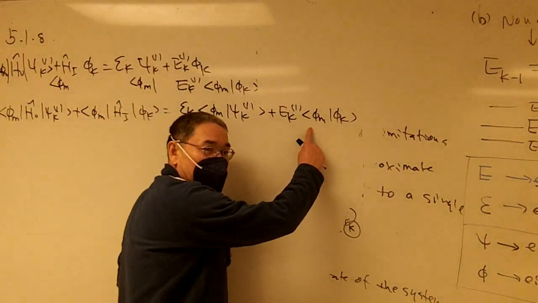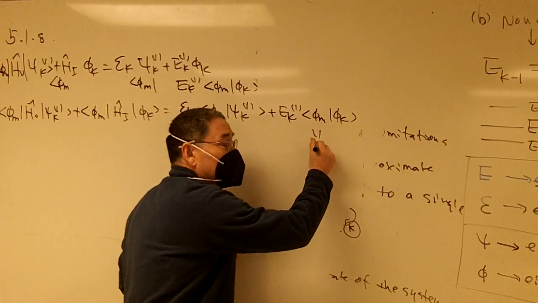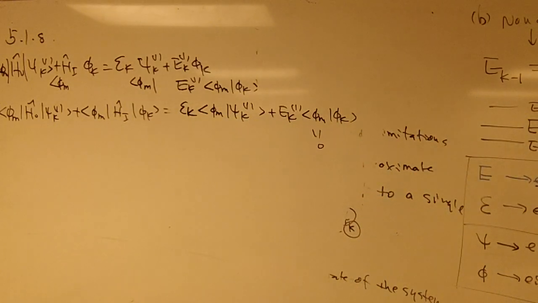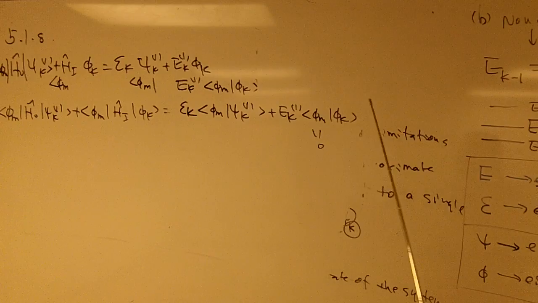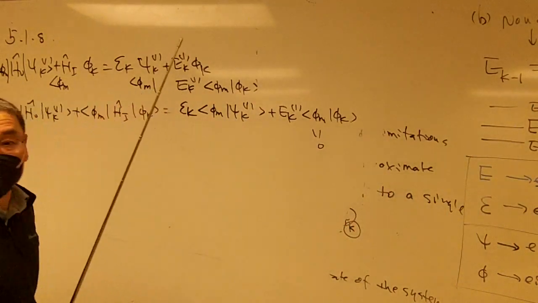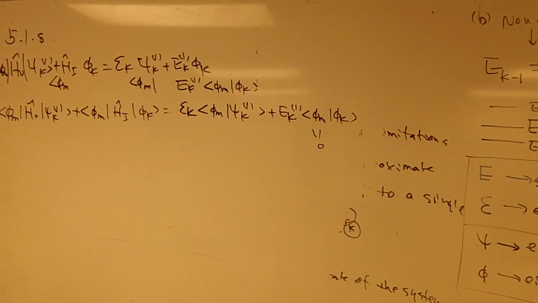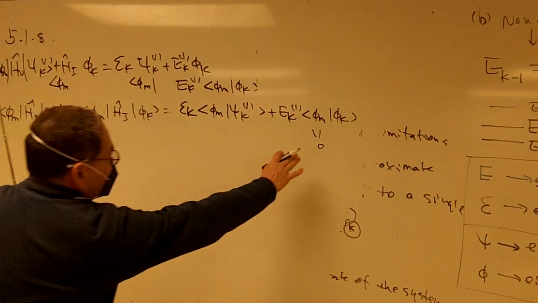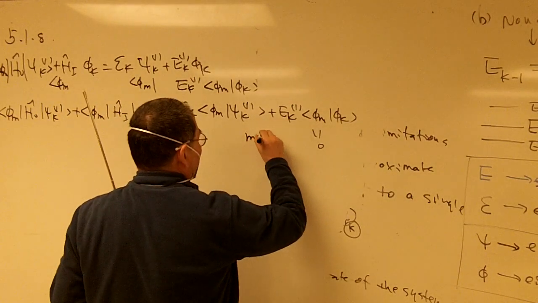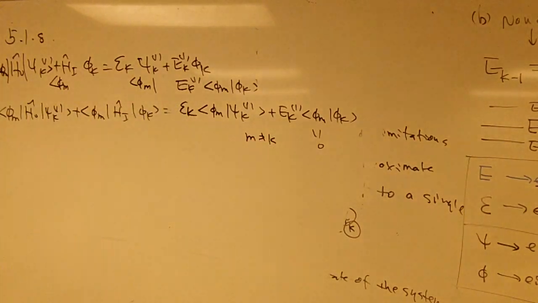Did you see this term is 0? This term is 0 because we assumed m not equal to k. So therefore, this term here is going to be 0. Now this term here is 0 because m not equals k. Remember this particular step, m never equals k. So that's what we assumed.